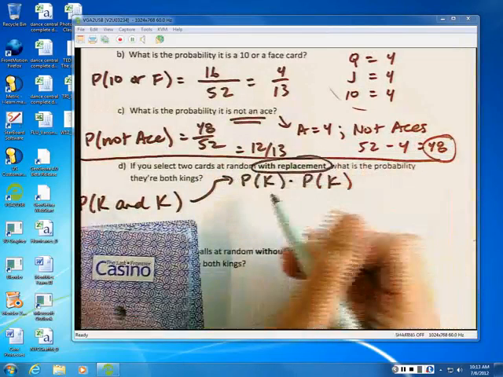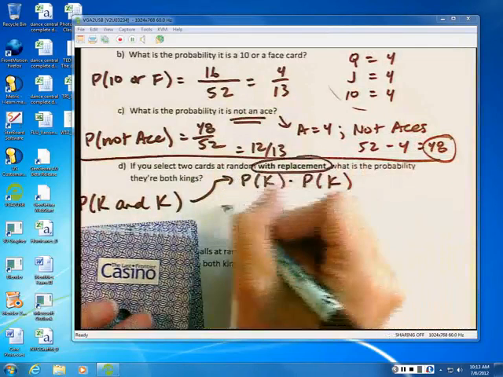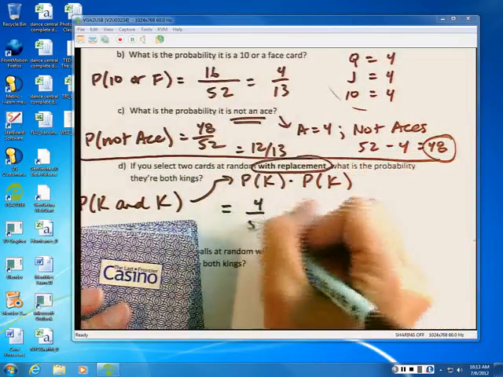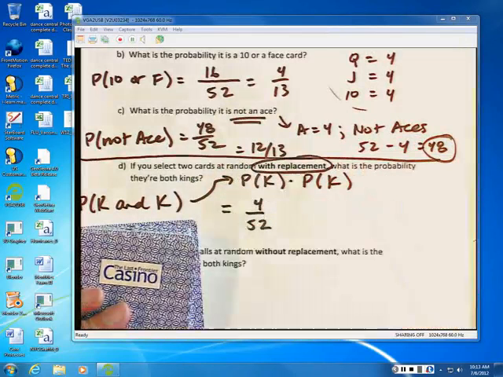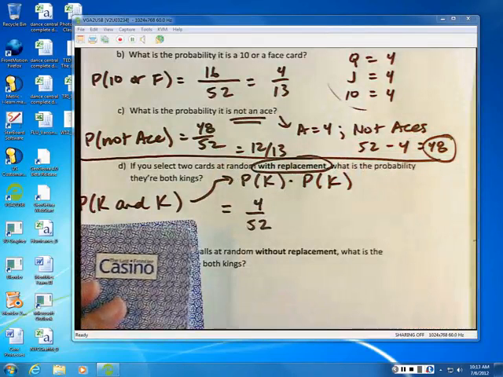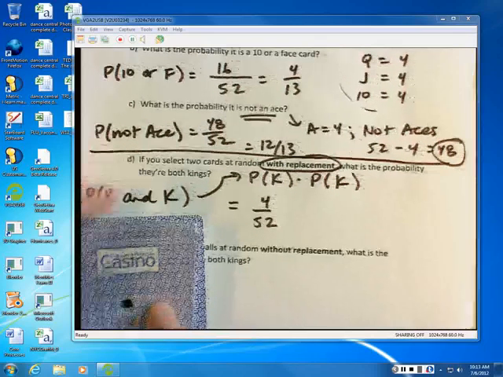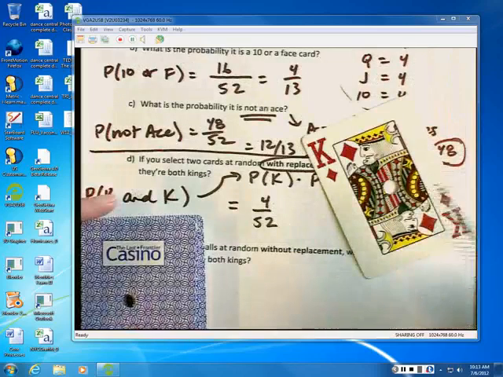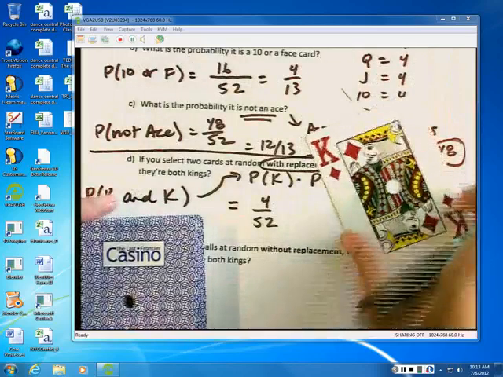So I'm starting with 52 cards. When I draw that first card, there are 4 kings out of 52. To make the probability work, since it's theoretical, I assume the first card that I draw is a king. Well, actually, it doesn't matter in this one, I guess. Okay, so there it is. So there's a king. There are 4 of them out of the 52. But I want a king and a king.